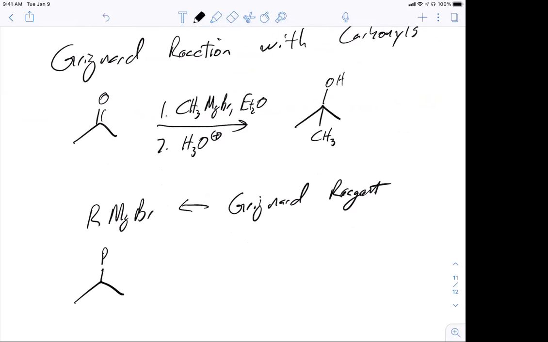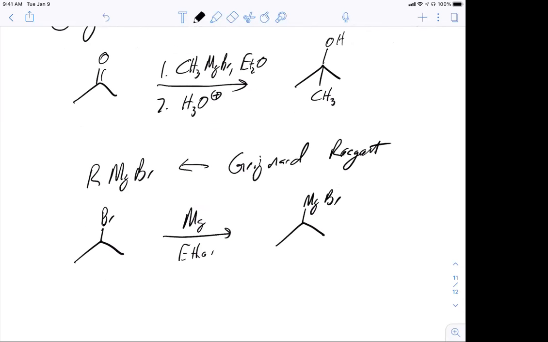Grignard reagents are formed by the reaction of magnesium and ether. So they're not hard to form. When you get to the organic lab, you'll probably do a Grignard synthesis where you take a bromide, react it with magnesium and ether and form a Grignard reagent.